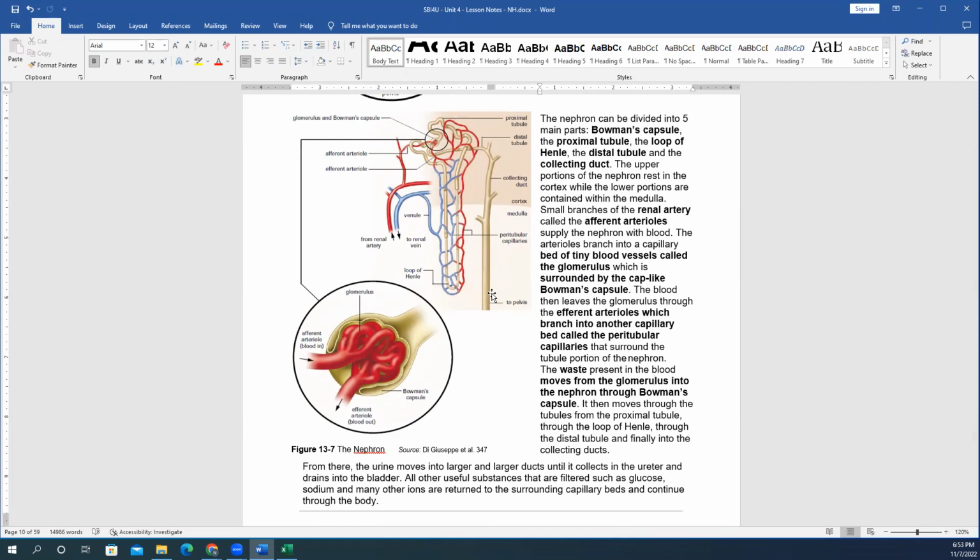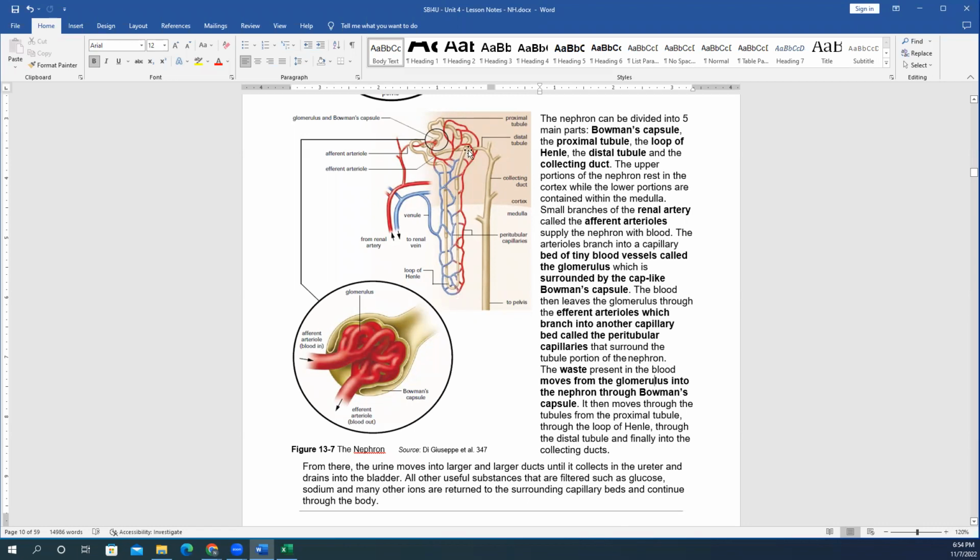All the other useful substances that are filtered here in the nephron, such as glucose and sodium and many of the other ions, are then returned back into the blood through these surrounding capillary beds and continue to be kept and circulate through the body.